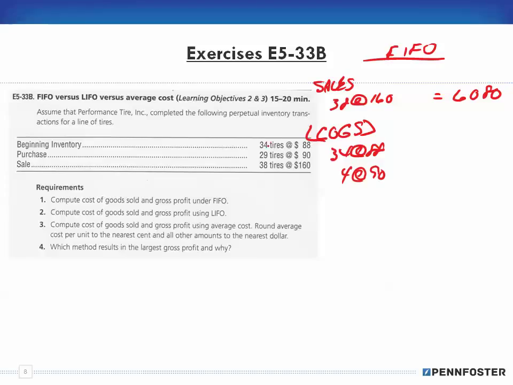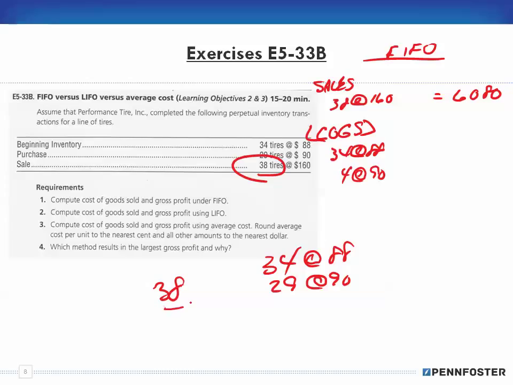So we start out with 34 at 88. Now remember, we're purchasing 29 more at 90, but we're selling 38 of them. When we sell our 38, where are we taking them from? Remember, we have to make two entries. One is for the sale itself, and the second takes those items out of our inventory and puts them to cost of goods sold.